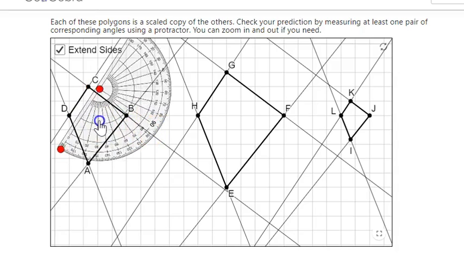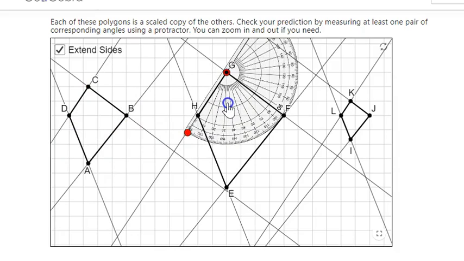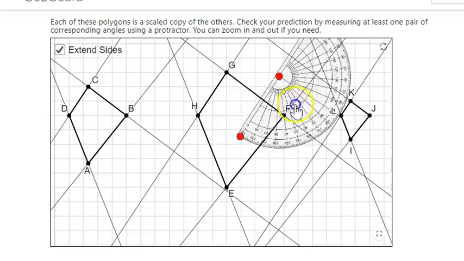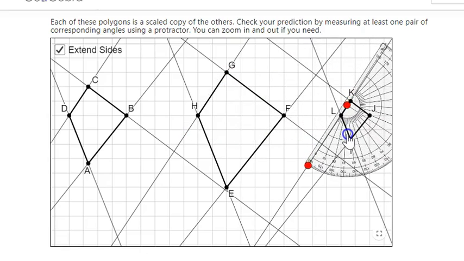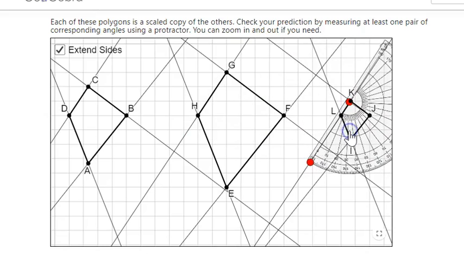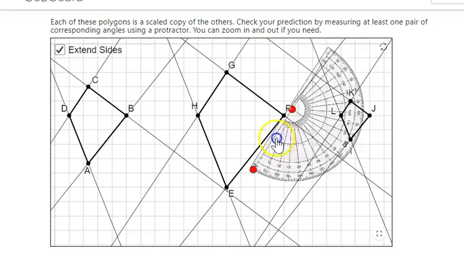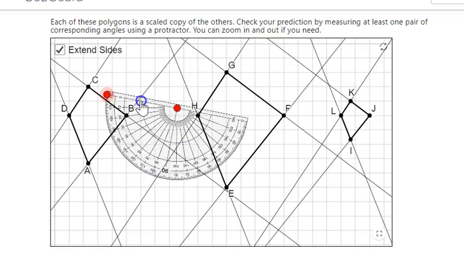Looks like 88 degrees. HGF, that's the corresponding one. And with each of these, I'm just checking the corresponding angles to see if they match. And if they do, then I'm good to go. It's a little hard to tell on that one because of where it's turned, but it does appear so.